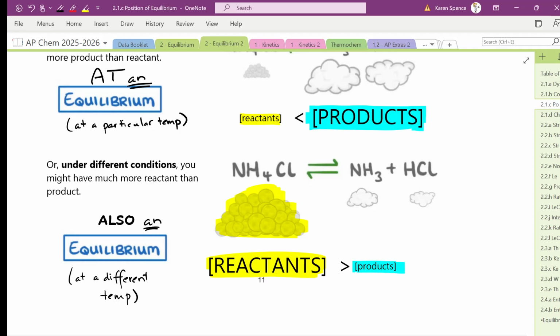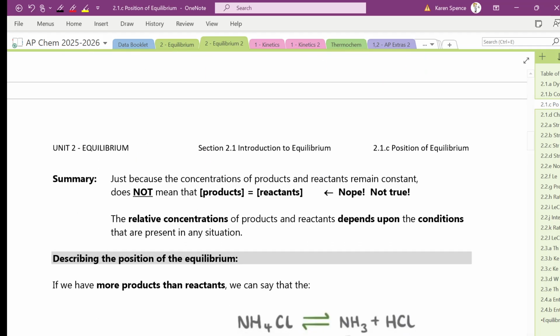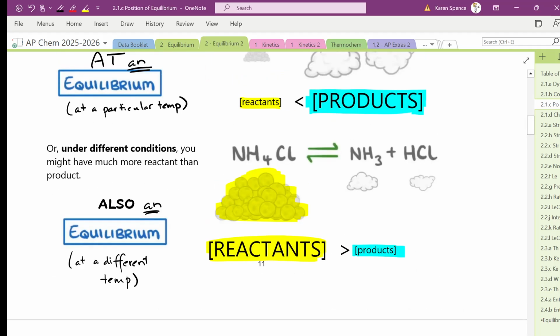In either of these cases, is the concentration of reactants equal to the concentration of the products? No, they are different. Will they change as long as conditions are kept constant? No, those will just stay the same. Hold on.